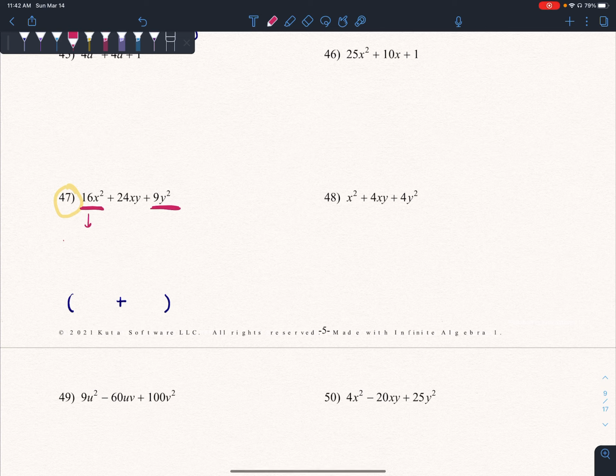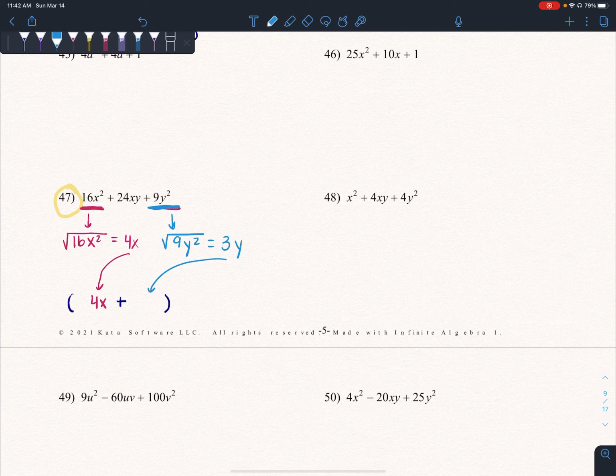So for the first term we're doing the square root of 16x squared, which is going to give us 4x. That's going to go in the first spot. And then I guess I'll do this one in blue instead. And here we're going to do the square root of 9y squared. So that's going to give us 3y. And that's going to go in over here, 3y.